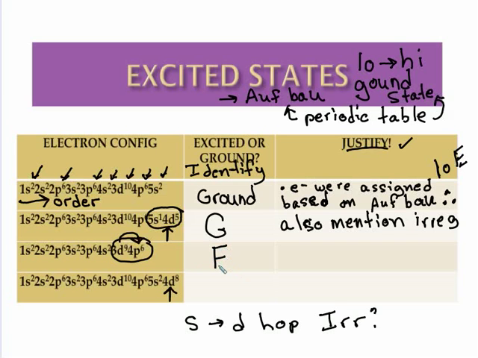So that would be your excited state. And your justification is the electron configuration should have been 3D10, 4P5, and one electron went to a higher excited state, 3D9, 4P6. Now you need to use a few more words than that when we're on a test.